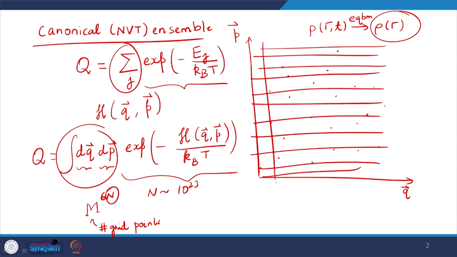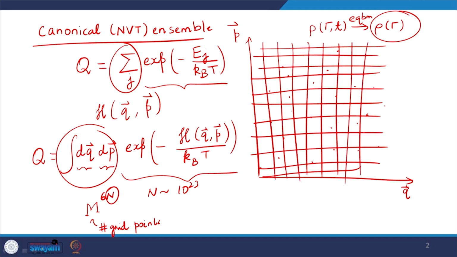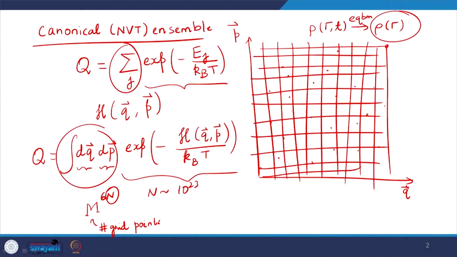I can also think of some intelligent non-uniform grid, but nonetheless we are pretty much drawing a grid in the phase space, and therefore I am pretty much looking at all the locations of grid points in my phase space, and my objective should be to cover the phase space as much as I can.